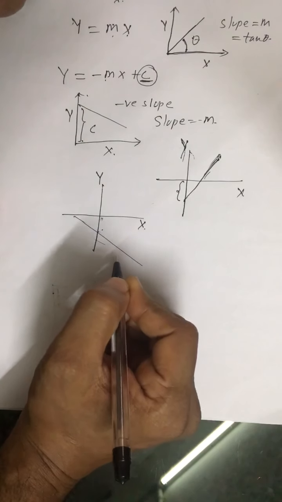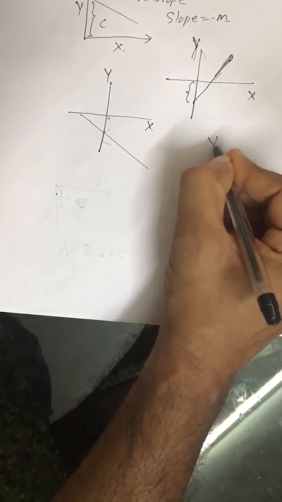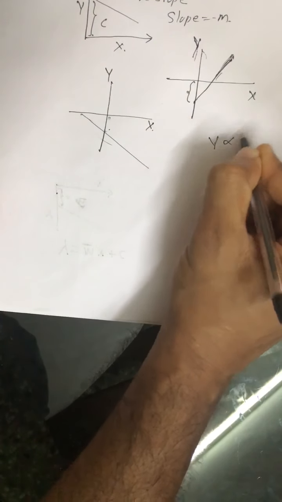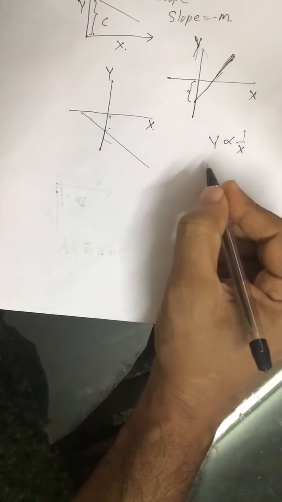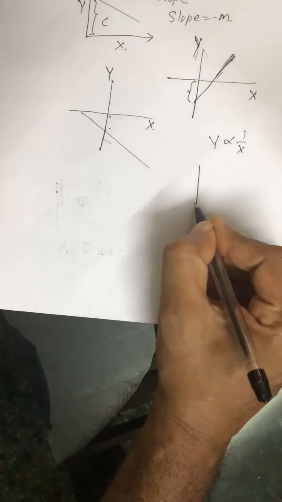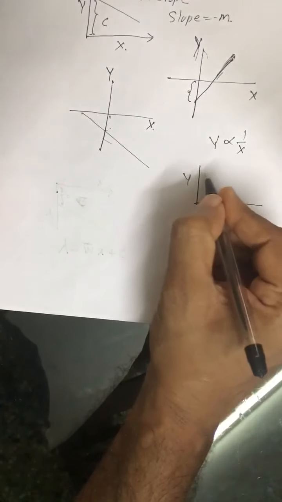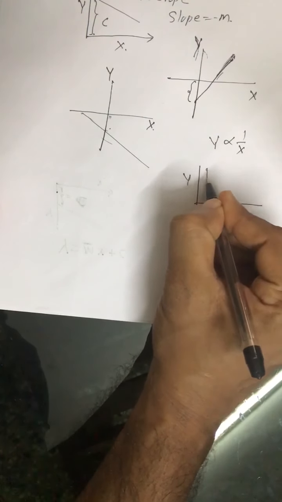And you will also find graphs of this kind, like y is inversely proportional to x. In such cases, if you draw a graph between y and x, you will get a rectangular hyperbola.